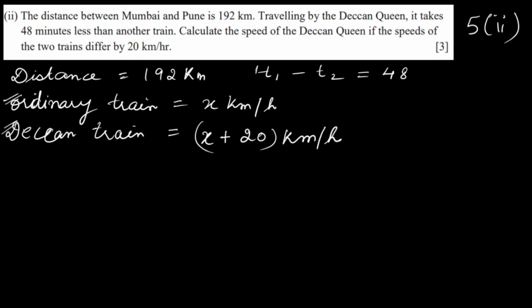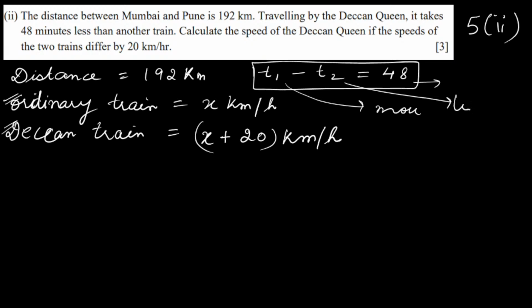Now, their time difference is given to us. In most of the questions on quadratic equations, 95% of the time, the time difference is what is given. So our equation will always be of this form, T1 minus T2, where T1 will be the ordinary train, because with the ordinary train time is more, and with Deccan Queen time is less.